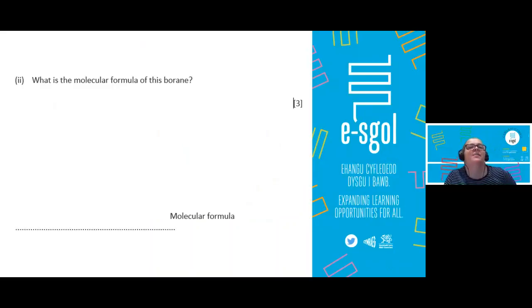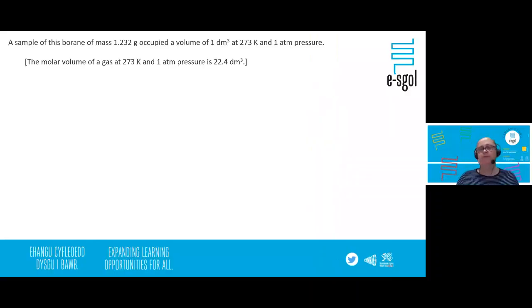It then led on to tell you what is the molecular formula of this boron compound. Okay, so I've just gone back and revisited some information that was in the original question on a previous slide. So to save me going back and forth, let's just be clear that the next step asks you to use another bit of the information that it told you in the question, that the molar volume of a gas at 273 Kelvin and 1 atmosphere is 22.4 decimeters cubed.